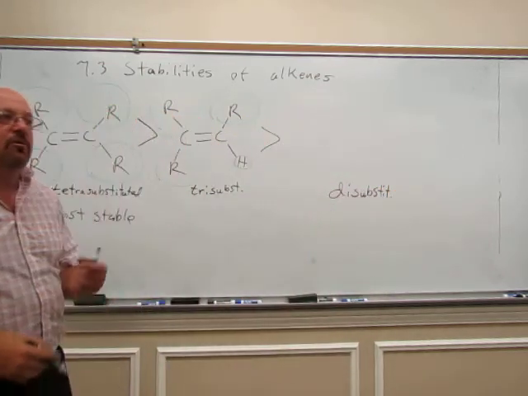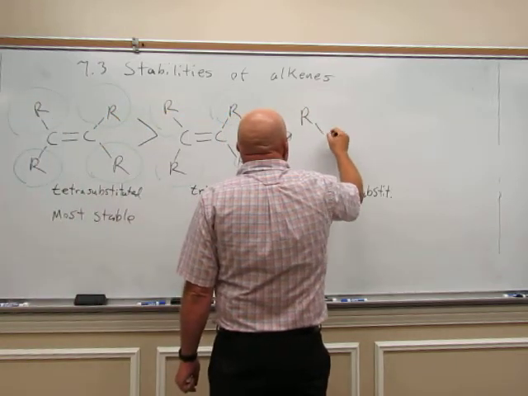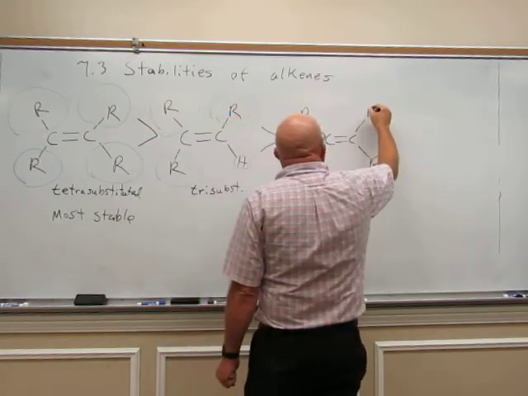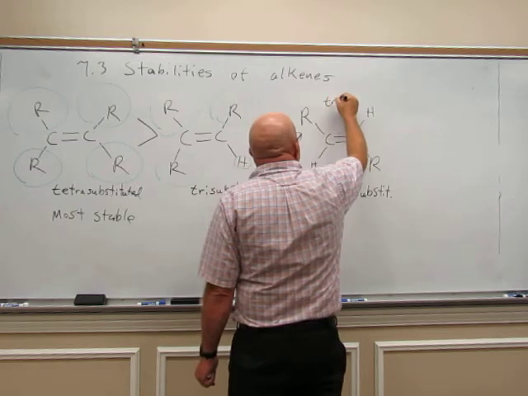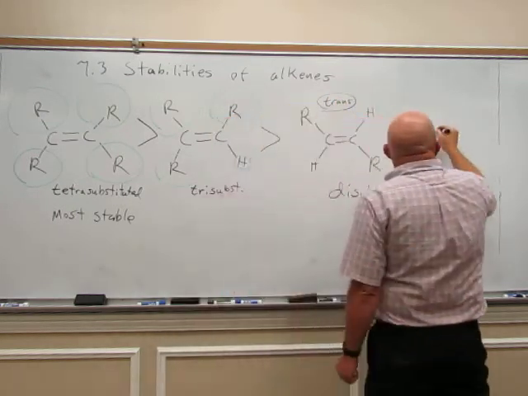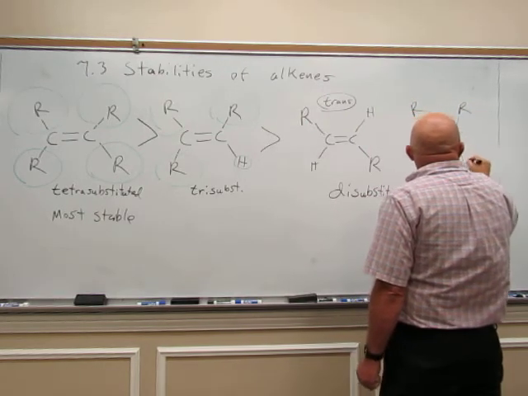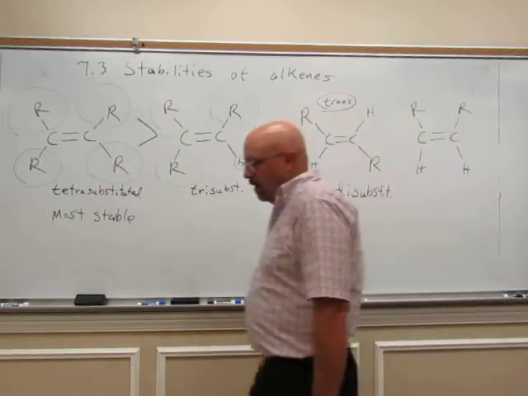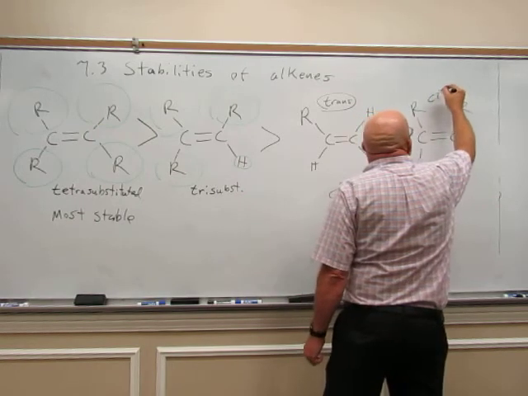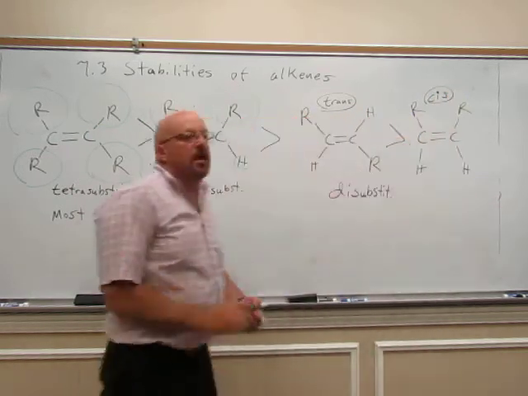Now with the di-substituted, we have some different di-substituted. Here is the trans di-substituted. You can also have a cis di-substituted, of course. And of those two, trans is always more stable than the cis.